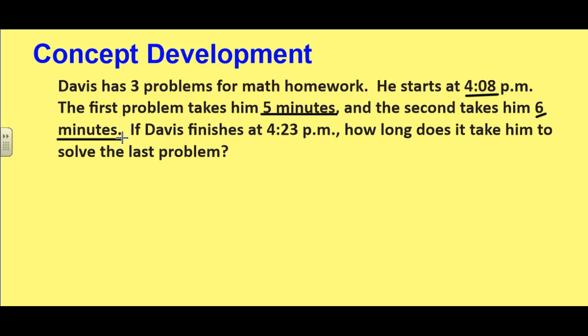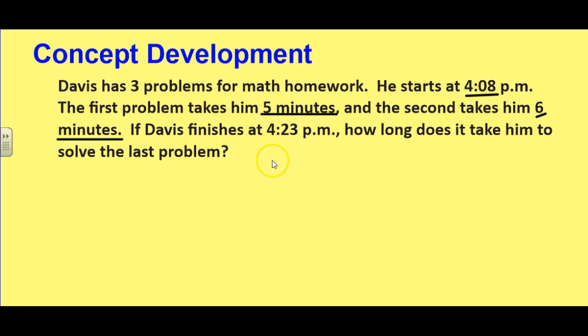So if he started at 4:08 and it took him 11 minutes to do the first two problems, then what time was he done doing the first two problems? Because that's what we need to figure out first before we move on to the next step. So this is like a two-step problem here. Well, actually, it's more than 2 steps, so it involves more steps than the ones that we've done previously.